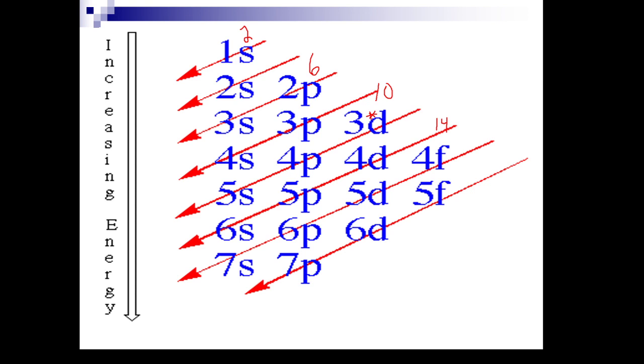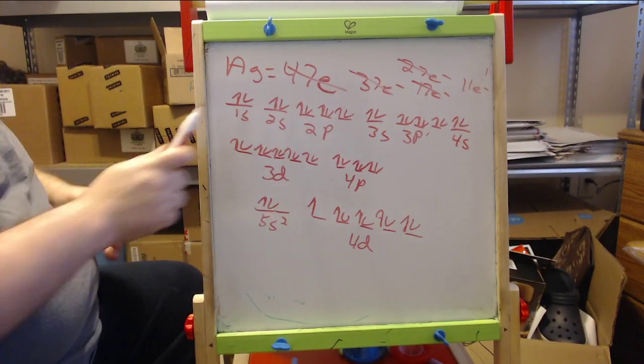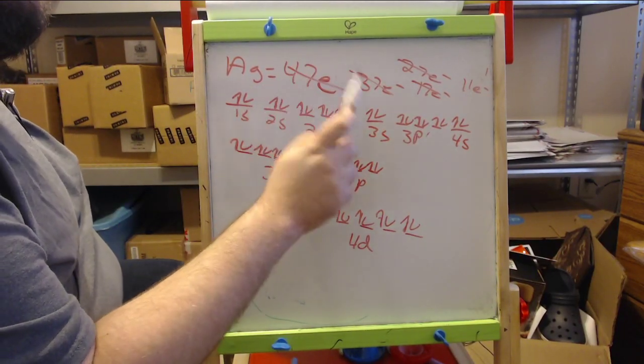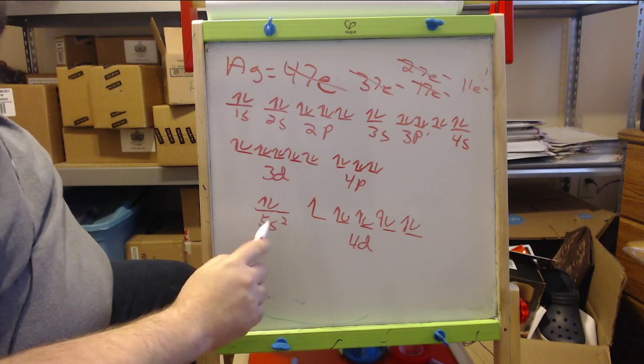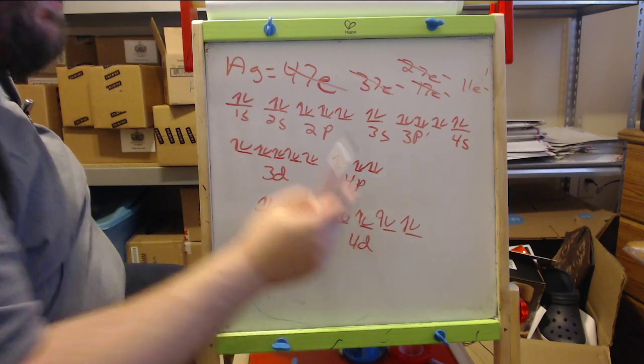Then comes 5s2 and 4d10 will have 9 electrons left. So it'll look like this: 1s2, 2s2, 2p6, 3s2, 3p6, 4s2, 3d10, 4p6, 5s2, 4d9.